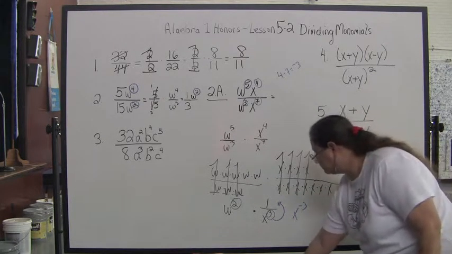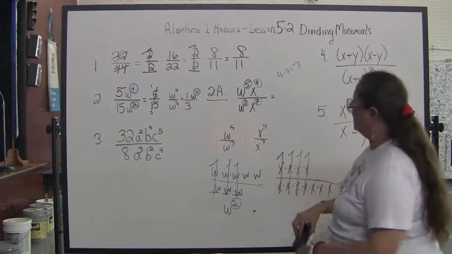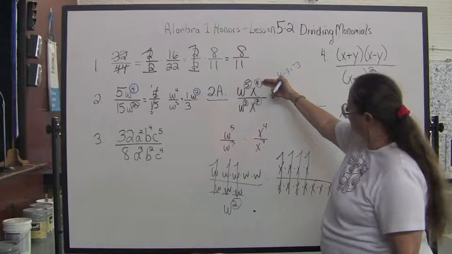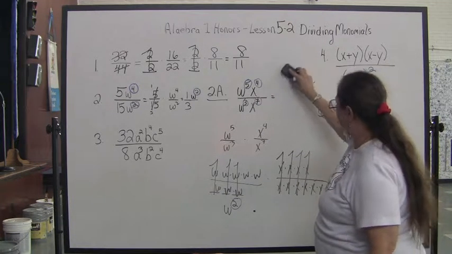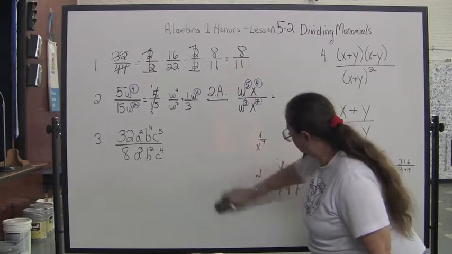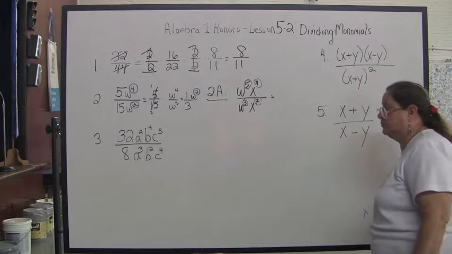Okay? Now, so it looks like our pattern then, our shortcut might be to subtract the bottom exponent from the top exponent. Okay. Let's try the next problem and see if that works.